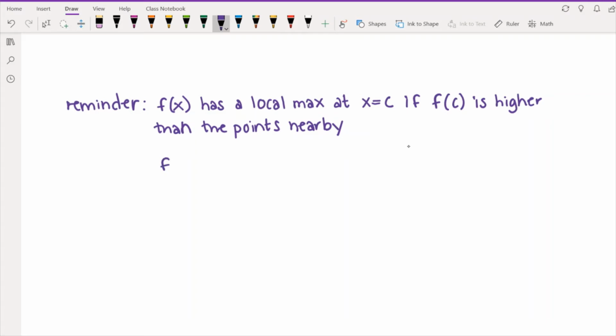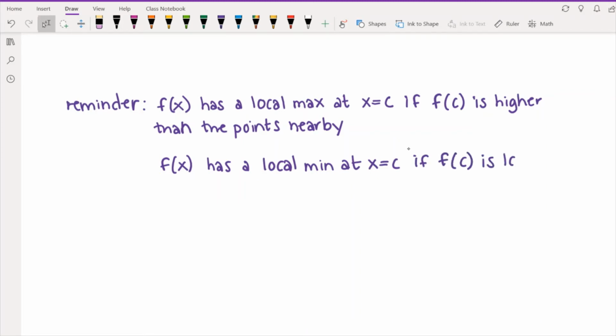And then similarly, f of x has a local min at x equals c if when you plug that number in, you get a result that is lower than other points nearby. So it doesn't have to be the overall lowest point, but it would give you that valley shape if you have a part of the graph that's lower than the other points nearby.